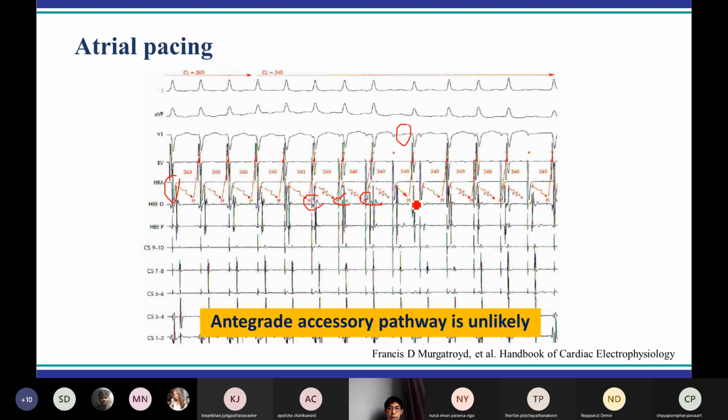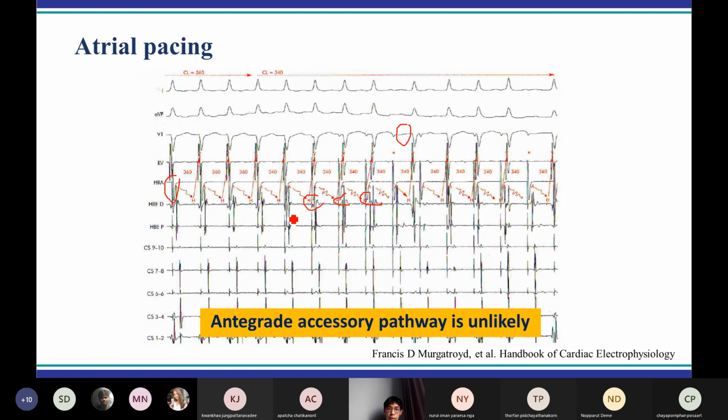I will explain it again. I think it is quite confusing here. You look at the ECG first. Okay, here is when you pace at a cycle length of 360 milliseconds. You see that there is an A, His, V in every beat here.